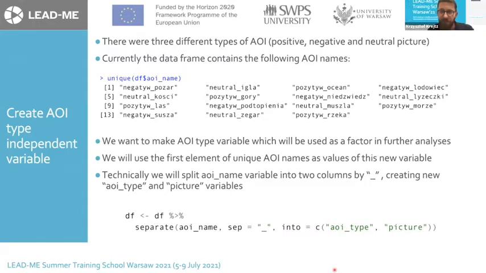Let me check this. Okay, it's simple. I'm typing in the chat. You have to first load the tidyverse library into your R session, because this pipeline sign is created within this tidyverse library.